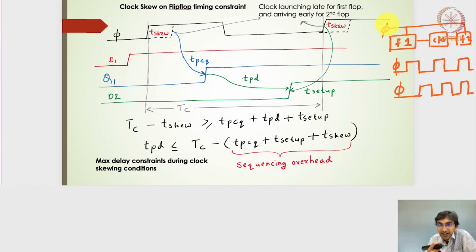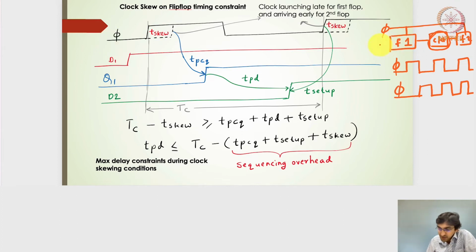And if that is provided, then I can consider the worst case and try to design the combinatorial circuit's TPD or TCD parameters. So what we are saying is we have to consider the worst case of the clock skewness and then design our combinatorial circuit.